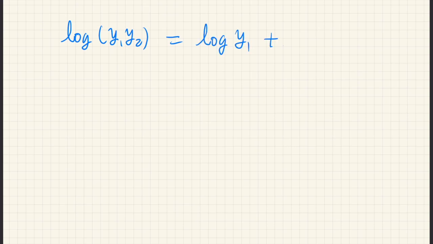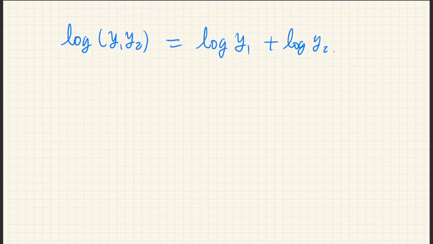Okay, next let's prove this important property of the logarithm. Log of y1 times y2 is equal to the sum of log y1 and log y2. And of course, we're assuming both y1 and y2 are positive real numbers.